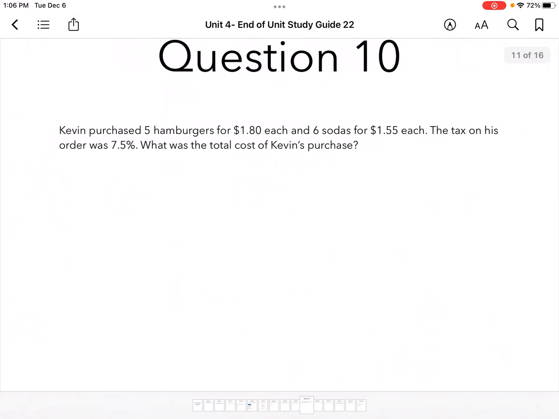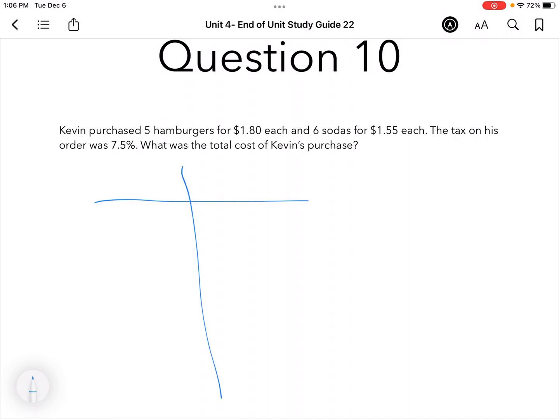All right, Kevin purchased 5 hamburgers for $1.80 and 6 sodas for $1.55. The tax on the order was 7.5%. What is the total cost of Kevin's purchase? All right, so I know I'm going to do 5 times $1.80.